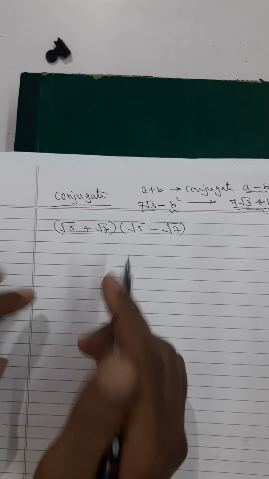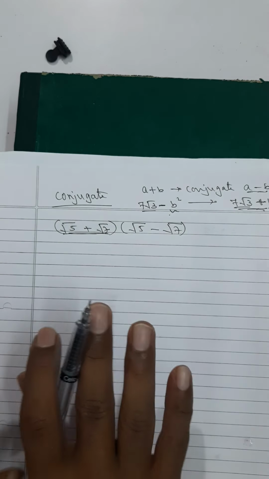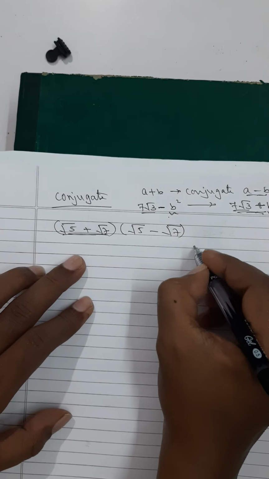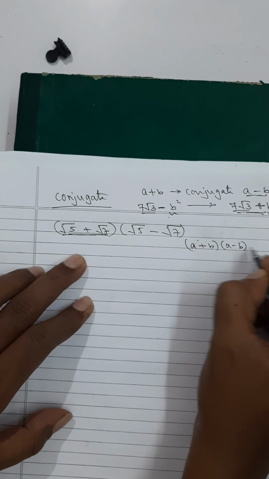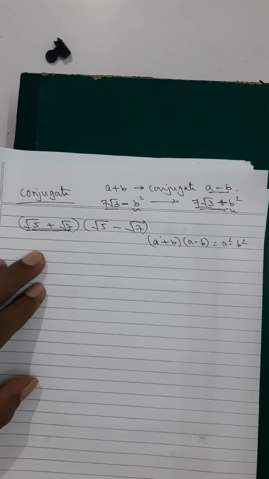What happens when you multiply any expression with its conjugate? Automatically you apply the identity: a plus b into a minus b is equal to a square minus b square. This identity will come into the picture now.